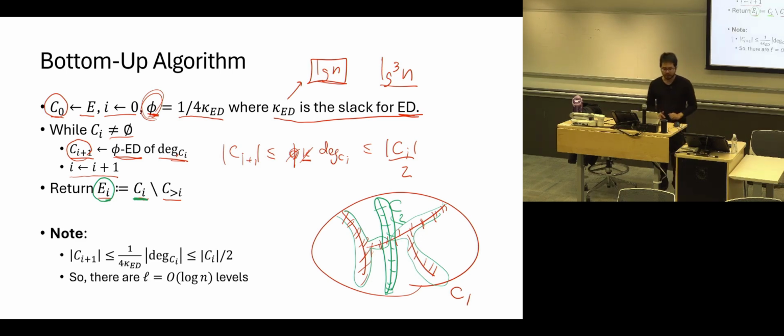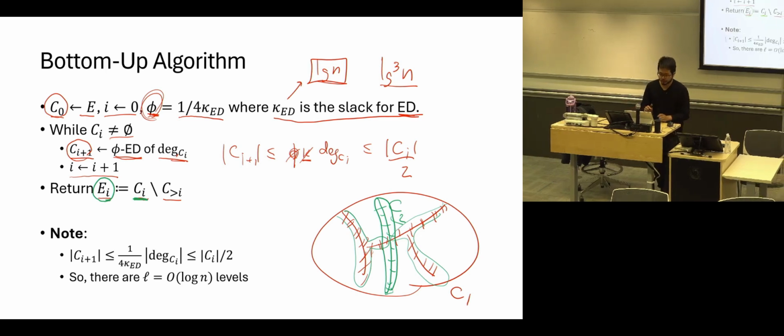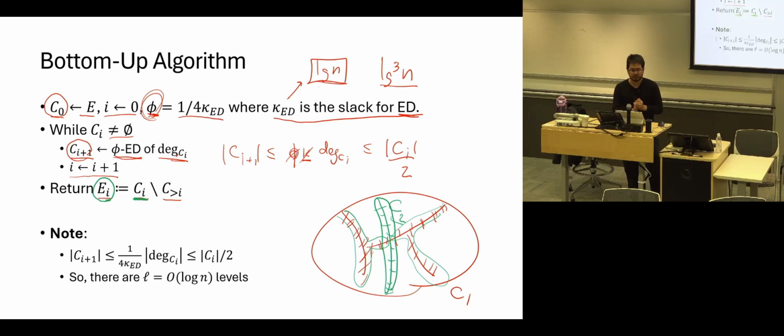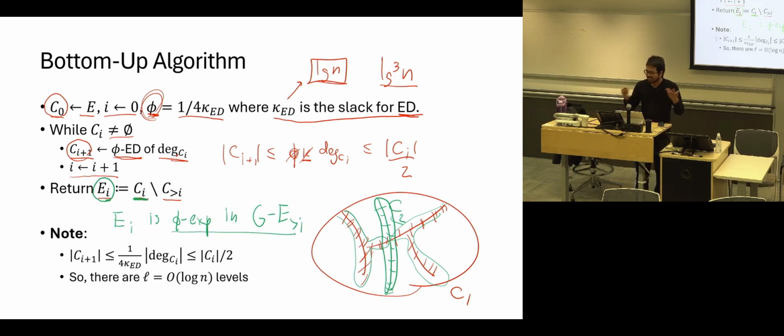So it's clear from how we define phi that there will be log n levels. All I need to tell you is why this is an expander hierarchy. Why is it the case that Ei is phi expanding in G minus E more than i? Not quite this. This would be the expander hierarchy, not the leaky version.